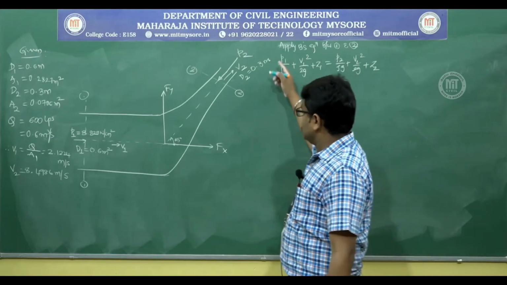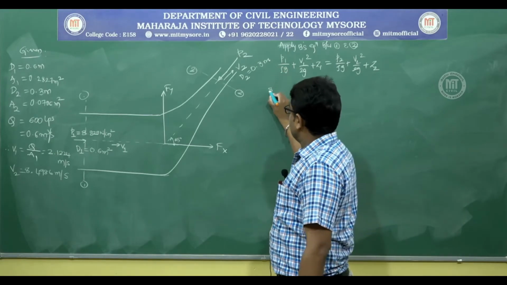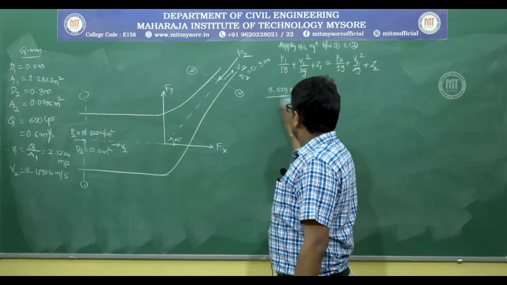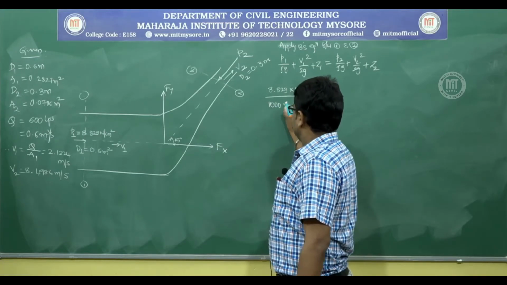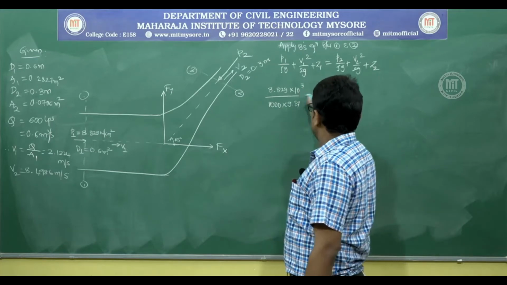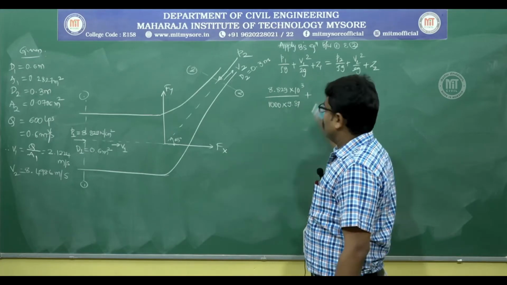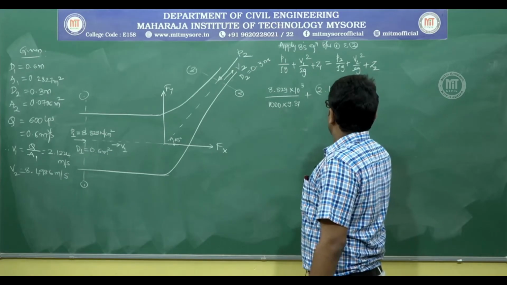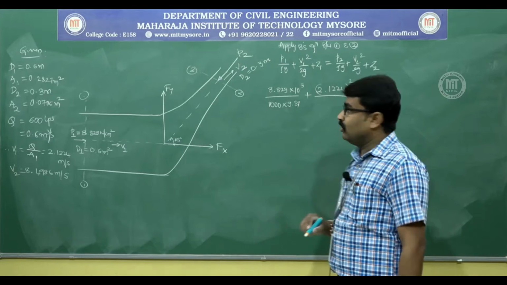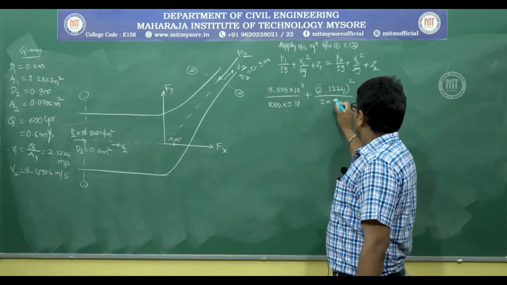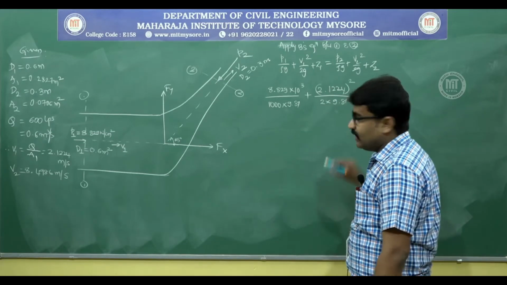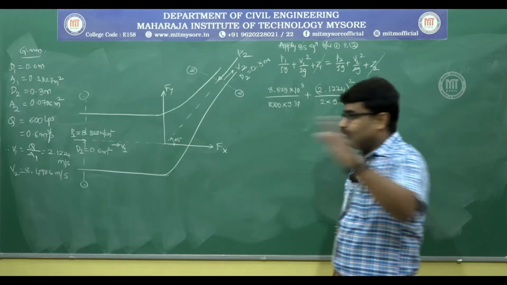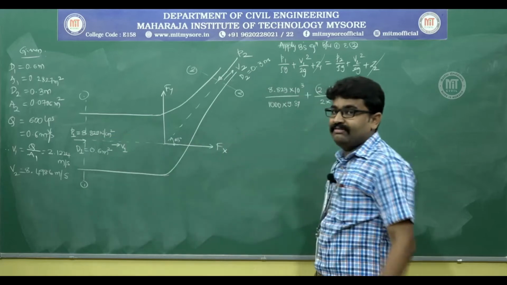In this problem, P1 is 8.829 into 10 power 3 divided by 1000 into 9.81, plus V1 which you have found to be 2.1224, so V1 square is 2.1224 whole square divided by 2 into 9.81, plus Z1. Z1 and Z2 would have cancelled because both are at the same elevation.